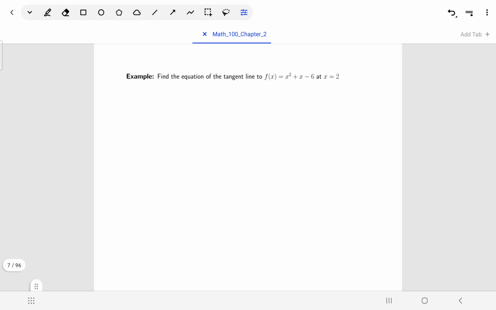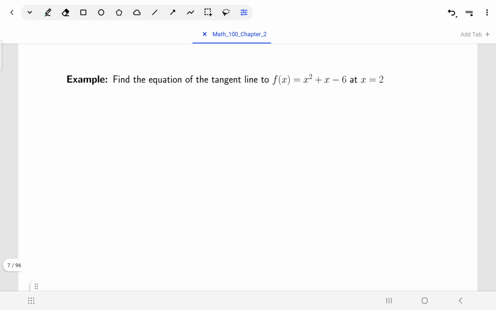Okay, so we want to find the equation of the tangent line to this function, f of x equals x squared plus x minus 6, at x equals 2. So a couple of things, of course. If we're looking for the equation of a tangent line, we're going to need two things. Number one, we're going to need to find our slope. And number two, we're going to need to know what our point is. I'll do the point first because that's actually the easiest part.